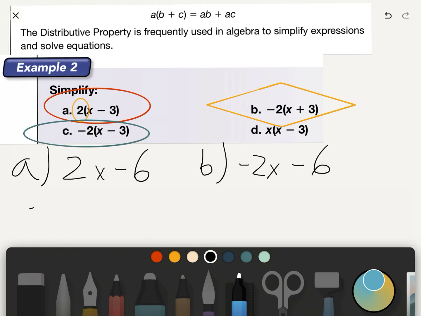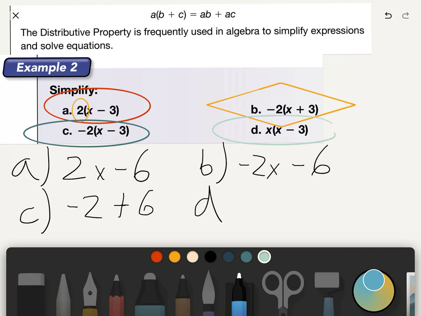Okay, looking at C. So now I've got negative 2 times x, and then negative 2 times negative 3 gets us positive 6. And then finally, D.